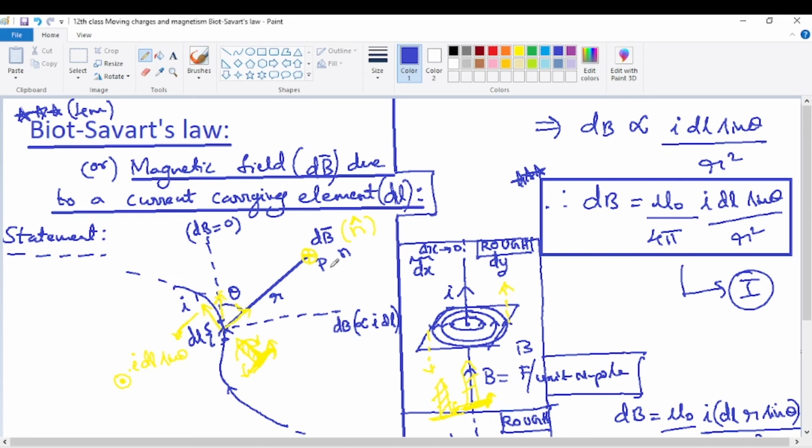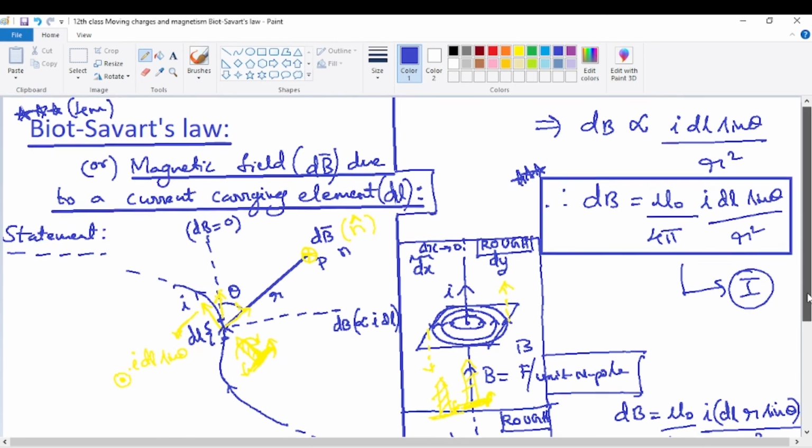So dl bar is in the direction of this dashed line, which is the axis, in the direction of this yellow arrow upwards, and r bar is in the direction of this small yellow arrow towards P. So dl bar cross r bar, the cross product of two vectors, its direction is given by the right hand corkscrew rule. Whatever we are seeing here is simple, nowhere is any complication. Now what is the right hand corkscrew rule?